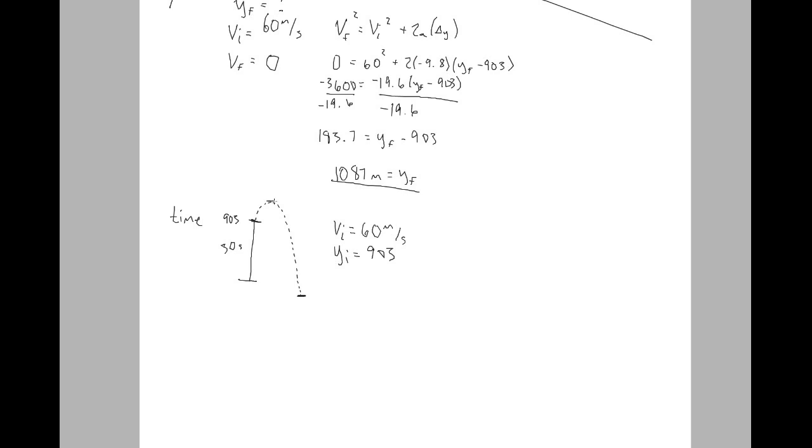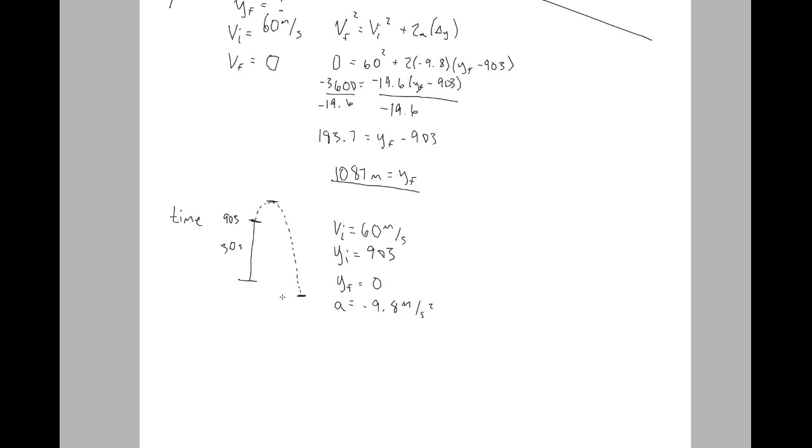I could find the time it takes to get up to the top, and then use that time to figure out how long it takes to get down. Or, I know that my Y final is going to be 0 because I'm starting here and I'm ending up on the ground. And I know my acceleration. It's negative 9.8 meters per second squared.